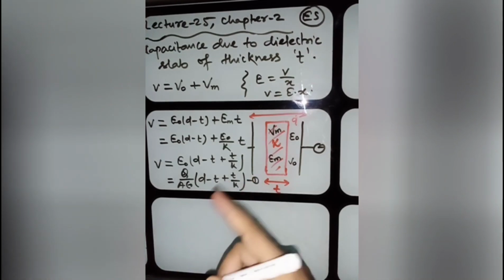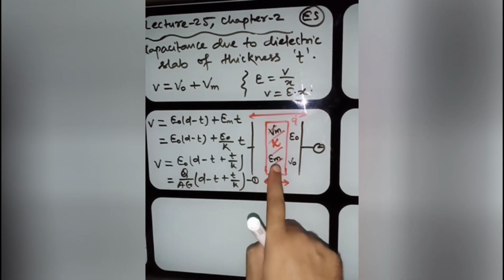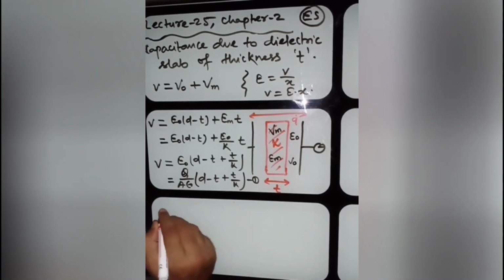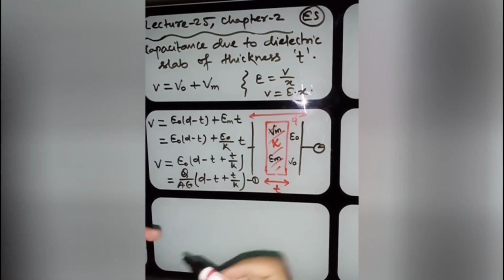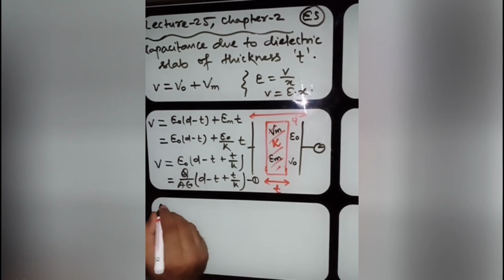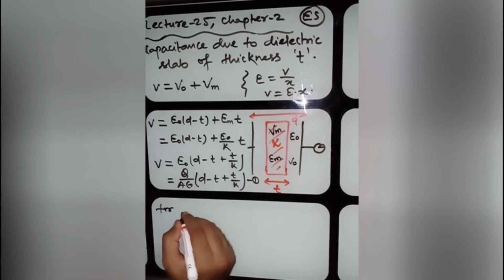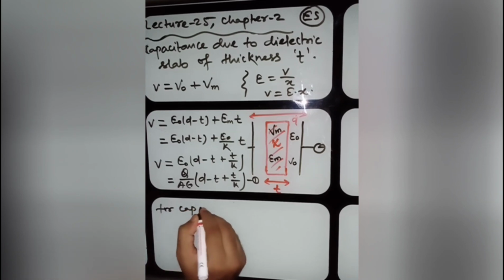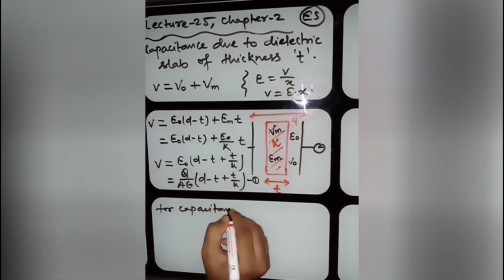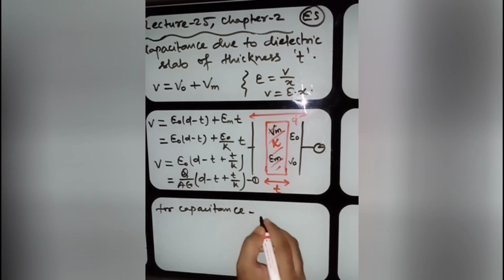For capacitance of a parallel plate capacitor, we can write Q is equal to CV.